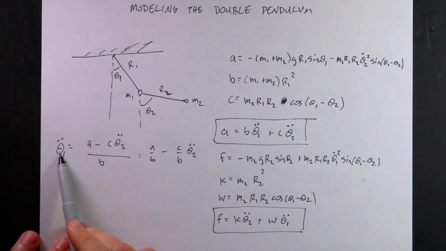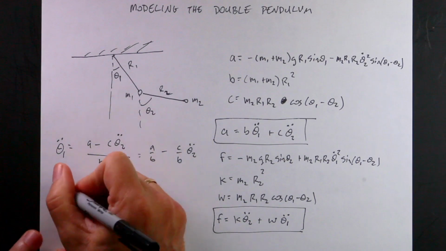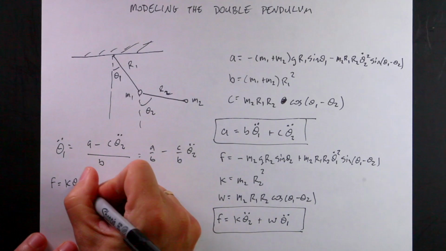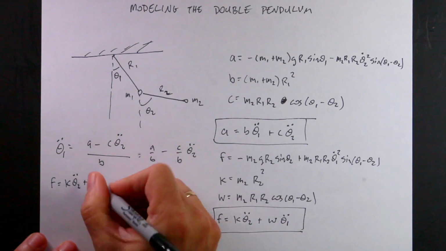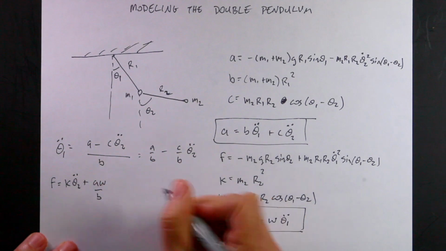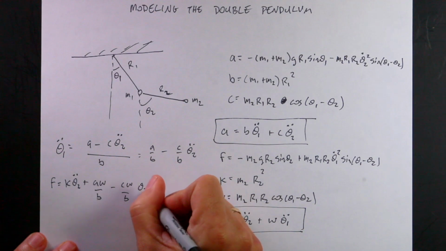Okay, so now I can plug this term in down here, and I'm going to get F equals K theta 2 double dot plus W times this. So that's going to be plus AW over B minus CW over B theta 2 double dot.